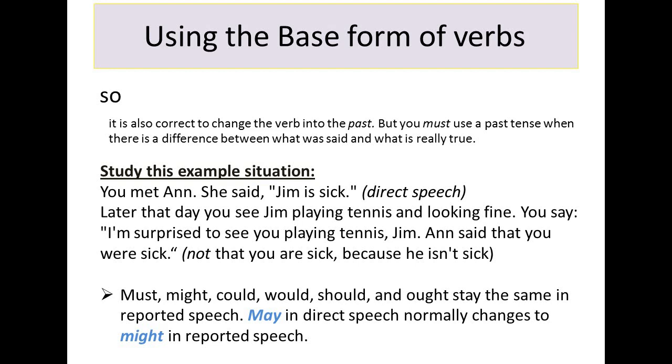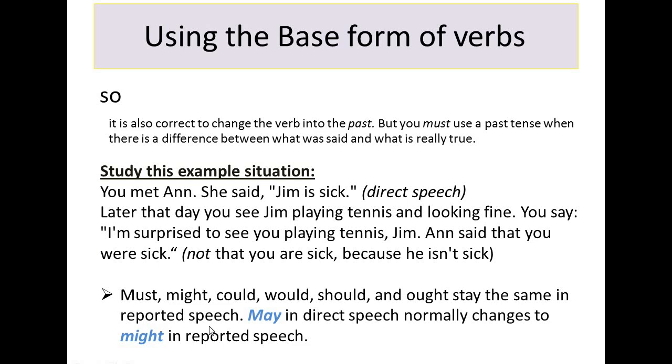Because now he is not sick, he is fine, we cannot say you are sick. So in this situation, we should put it in the past and say you were sick.